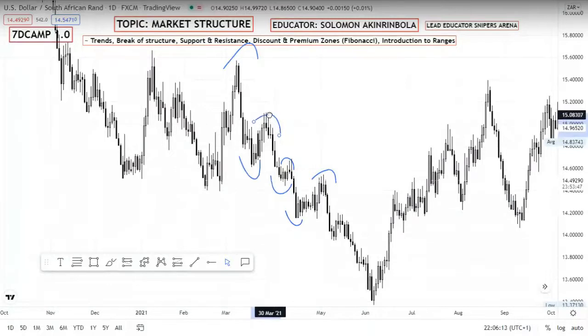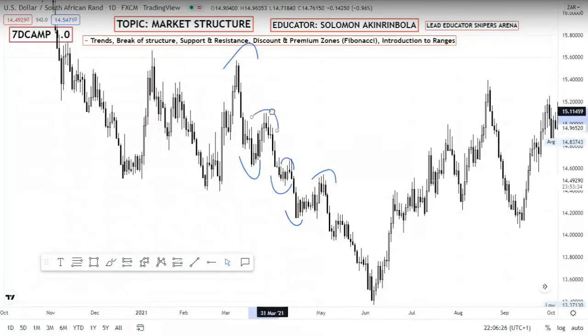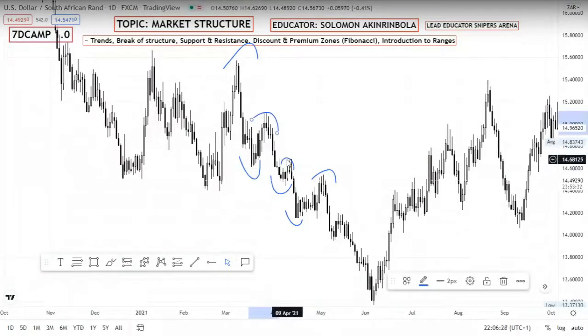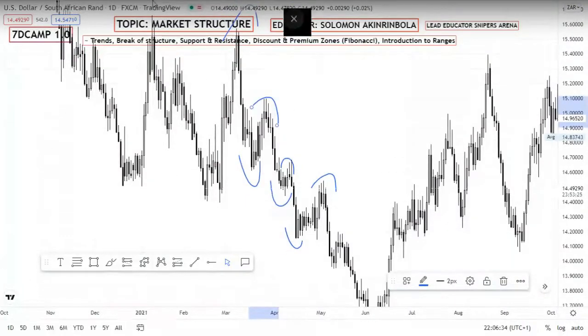This is actually the body of the candle. Like I told you guys, a week on the daily is a body candle on the lower time frame. If you don't know how to get it, just turn your chart to a line chart.